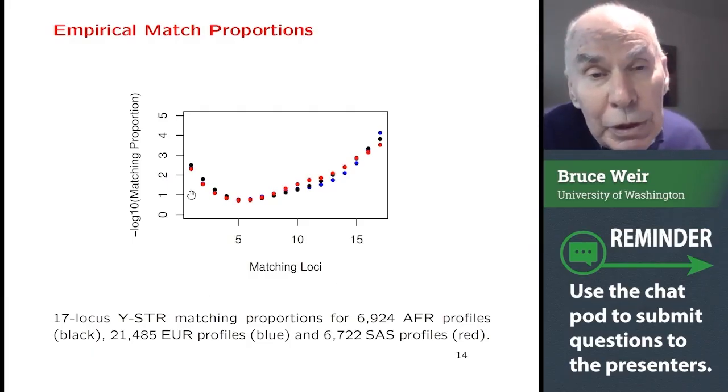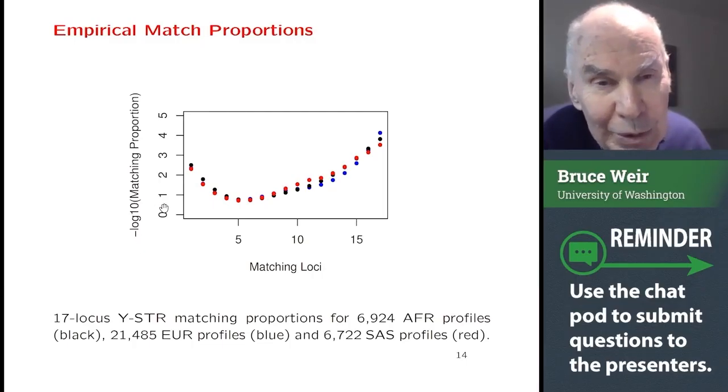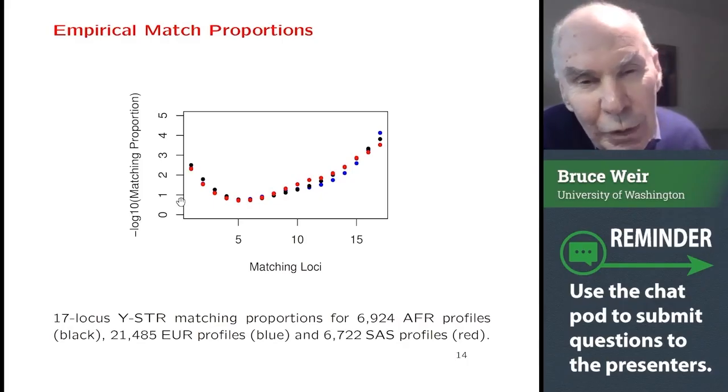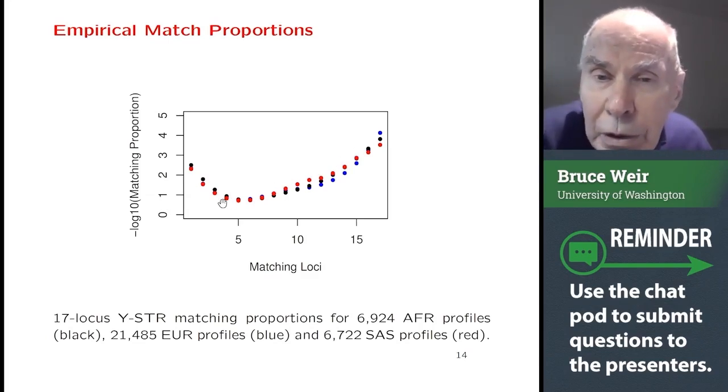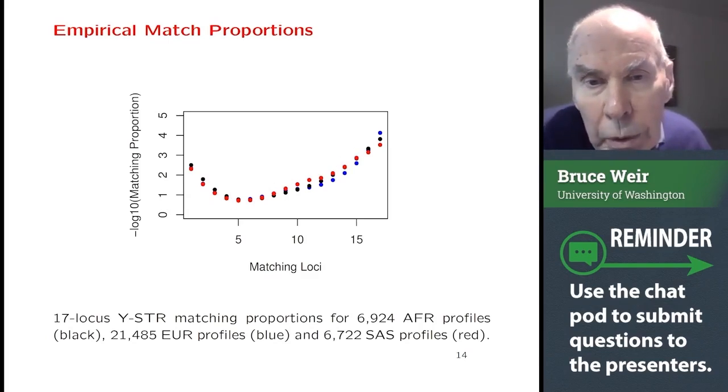So we start out, we get less match. This is on the log scale, so sort of have to think backwards. We increase our matching up to 5 loci, and then after that we start to decrease. The interesting thing is it doesn't make much difference whether the profiles are from Africa, European, or Asian in this case.